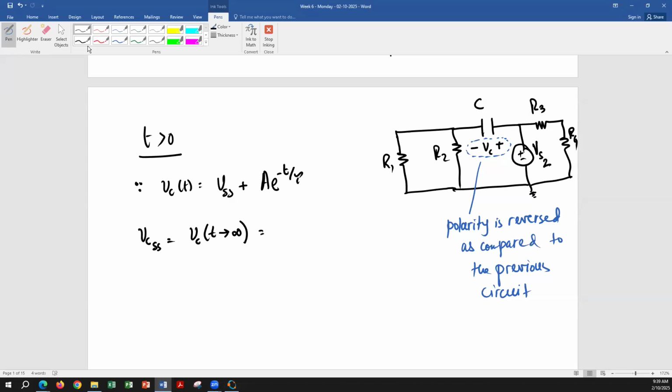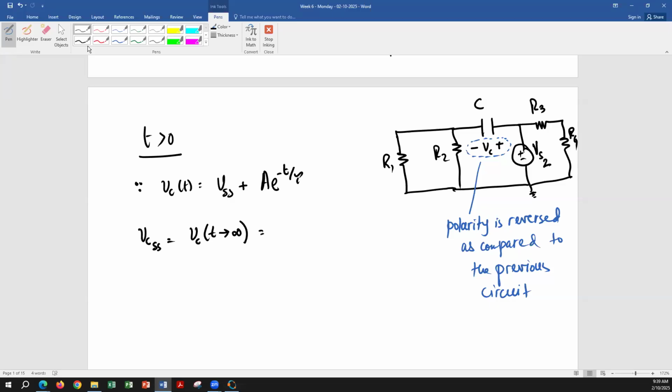Okay. Capacitor is going to be open, yeah. And when capacitor becomes open, then what will be the voltage across the capacitor? So between those two nodes where the capacitor is connected, what is the voltage across? At those two nodes, you subtract the voltage, and that's the voltage across the capacitor.